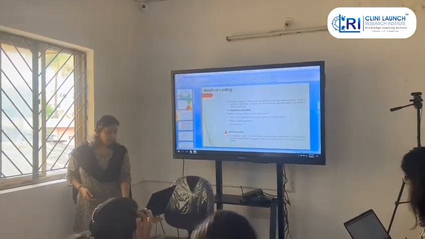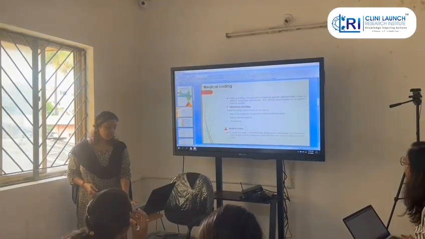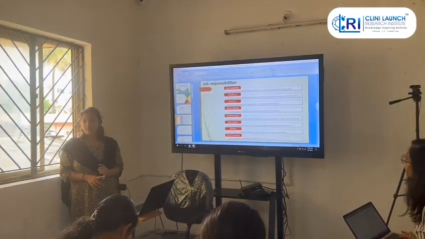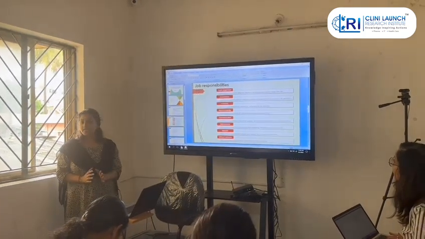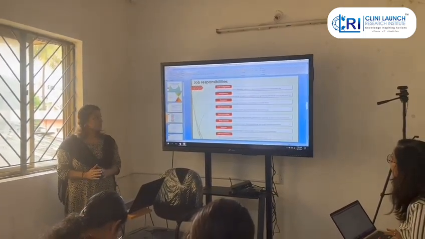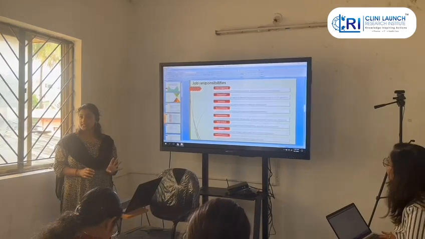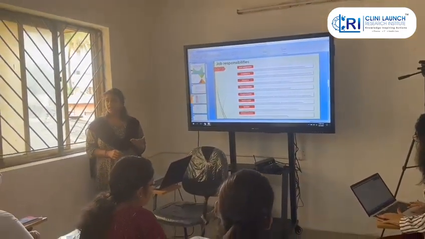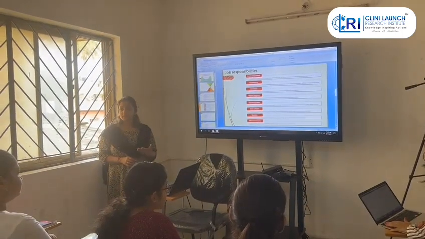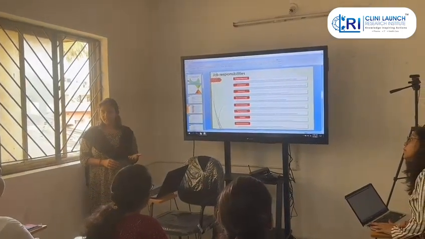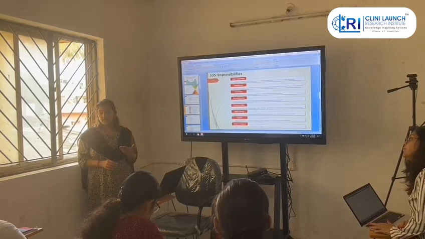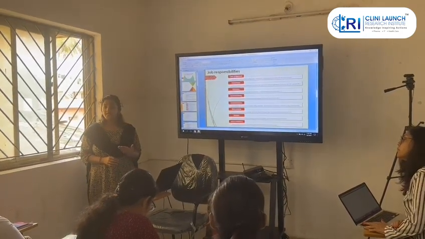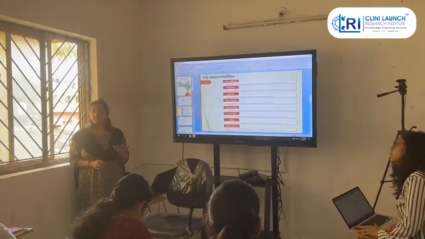So the job role or responsibilities of a medical coder is to assign codes. First and foremost, they should have knowledge about the coding systems. There are three types of codes: ICD codes, which are the codes for the diagnosis; CPT, the current procedural terminology, which is for the procedures done by the healthcare professional; and HCPCS, the healthcare common procedure coding system, which is used for the supplies or medicines used.